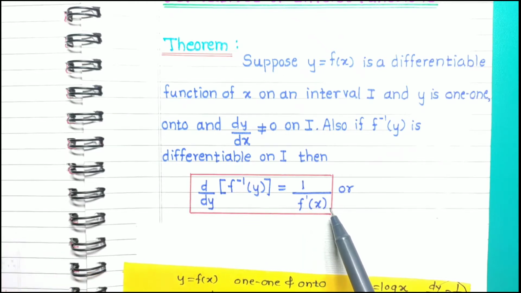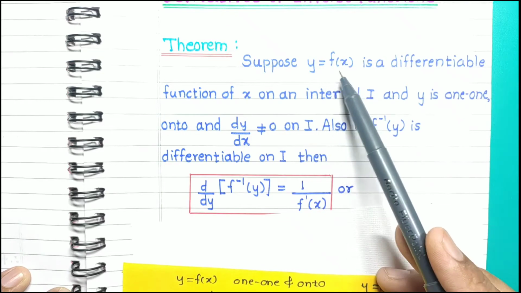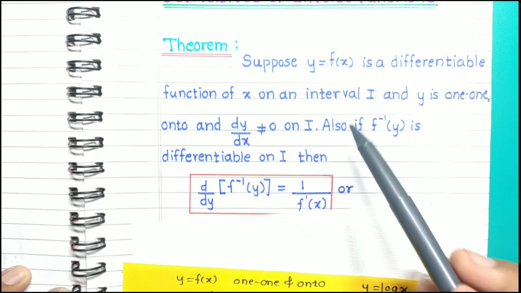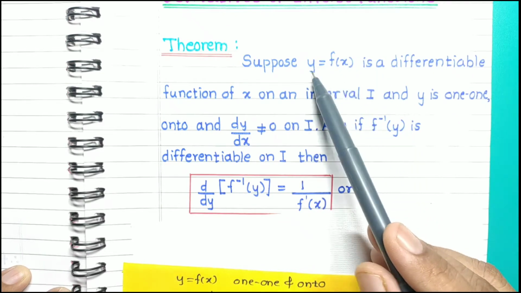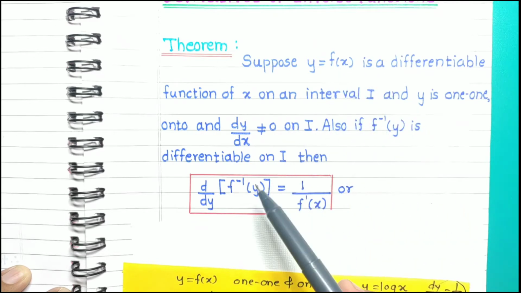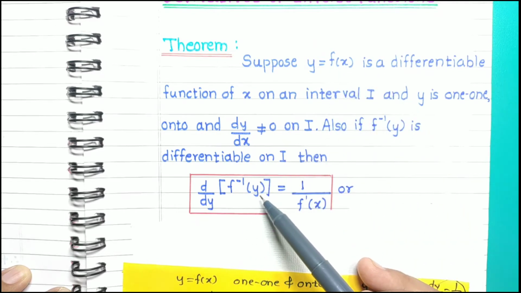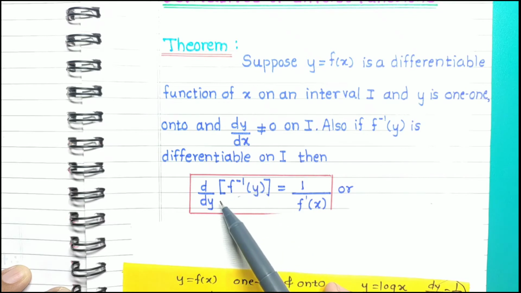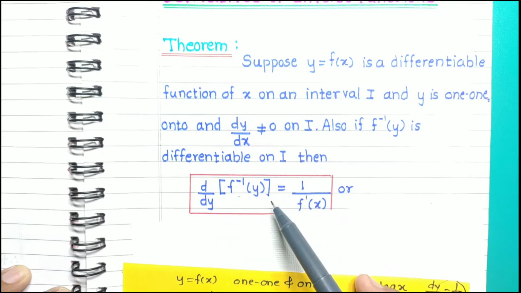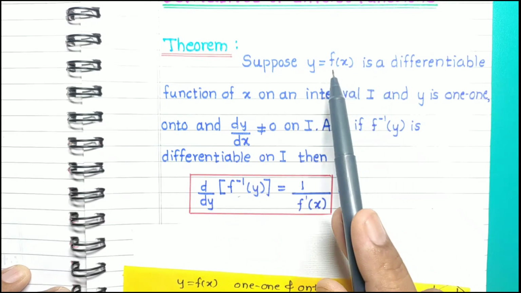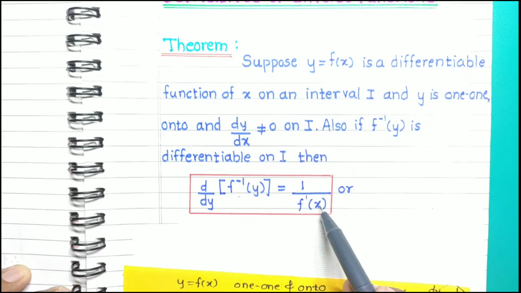Here f dash of x is nothing but the derivative of y is equal to f of x, and the inverse function of this is f inverse of y. So the derivative of f inverse of y is the reciprocal of the derivative of this function, f dash of x.